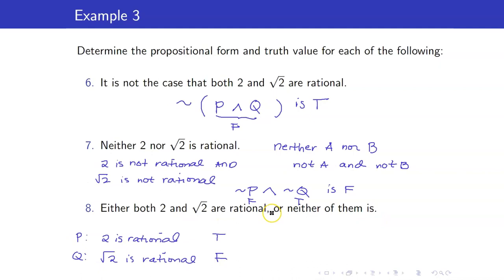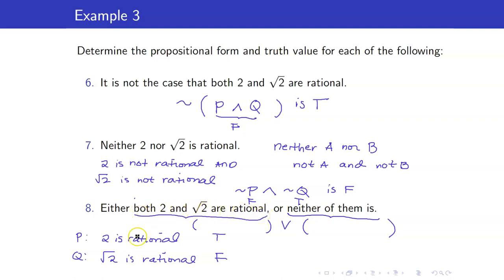Next, either both 2 and square root of 2 are rational or neither of them is. If we look at the form of this statement, this is an OR statement, and the two components are this and this. So this is your first component, then you have OR, and then this is your second component. For the first component, both 2 and square root of 2 are rational.